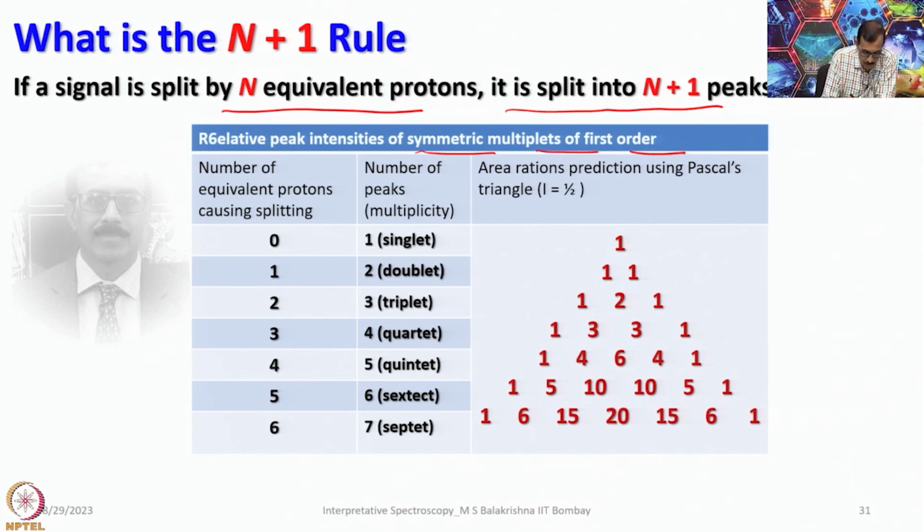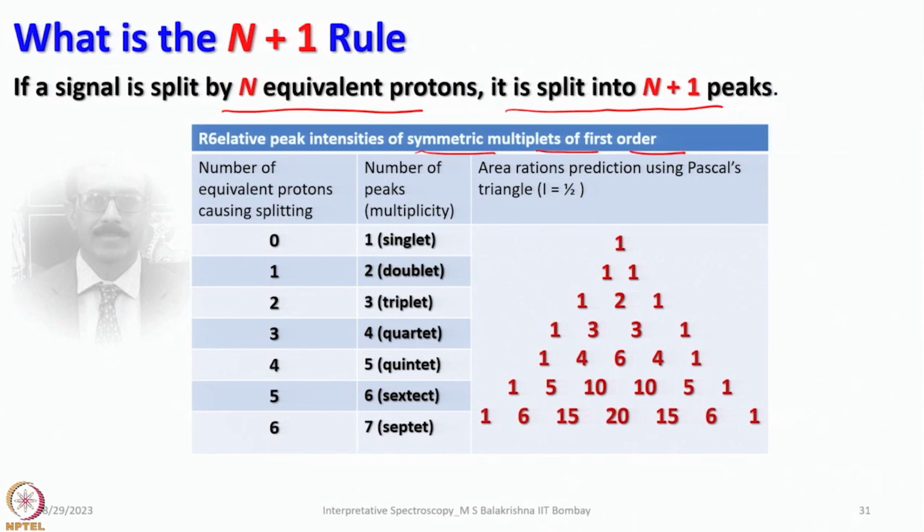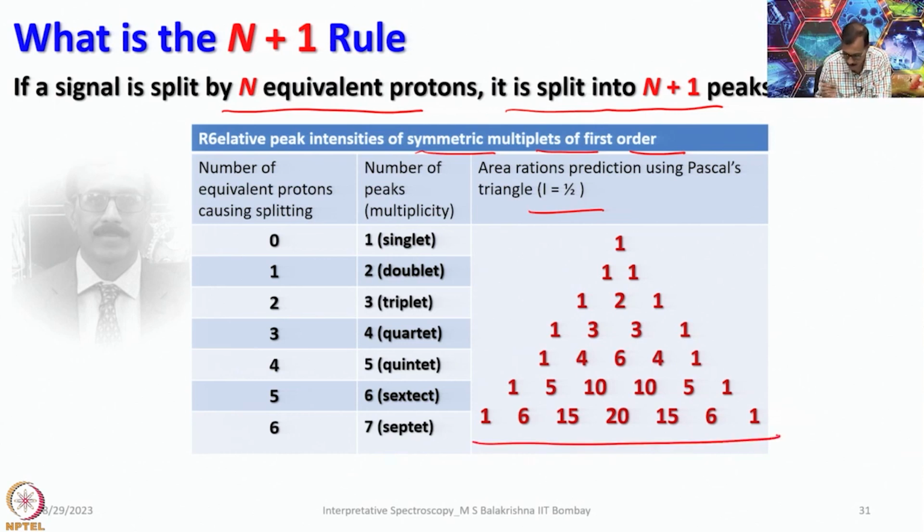So in a typical first order spectrum, if the I value is half, then we can use this Pascal triangle very effectively. For example, when the number of equivalent protons causing splitting is 0, if we have nothing, then only a singlet will be observed, because N is 0, so N+1 is 1. If only 1 is there, then we will see N+1, 2 lines in 1:1 ratio.